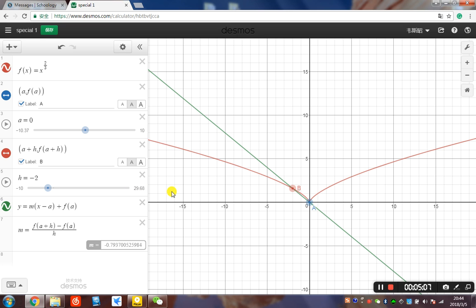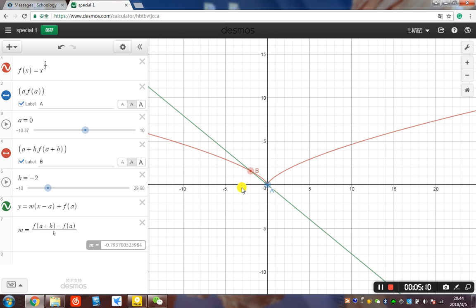It's getting smaller, which means it is going to negative infinity. So when h is a negative number, it's going to negative infinity. When it's a positive number, it's going to positive infinity. We can see these two values don't approach the same number, so we can say this function does not have an IRC.